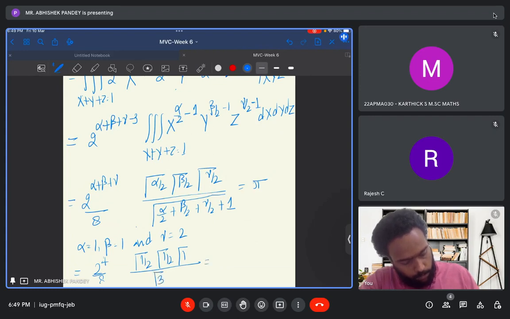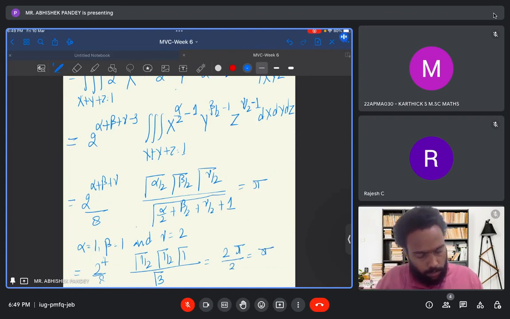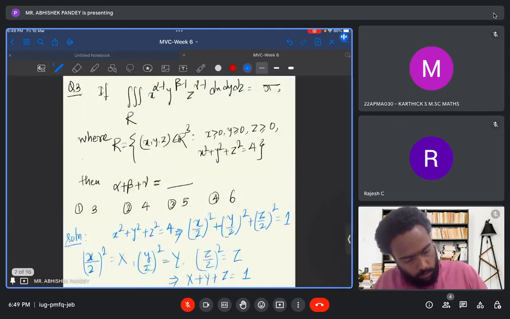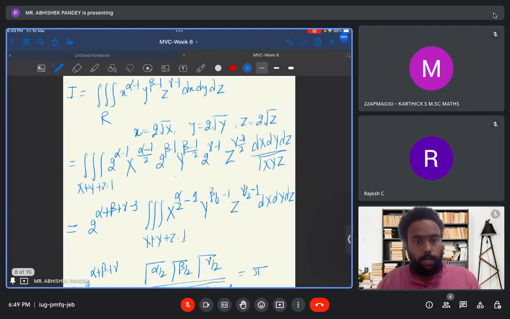So this will be 2 into pi upon 2, so this will be pi. So this will work, alpha equals to 1, beta equals to 1, gamma equals to 2, so alpha plus beta plus gamma is nothing but 4. So your answer for this question is 4, means this option is correct. I hope this is clear.